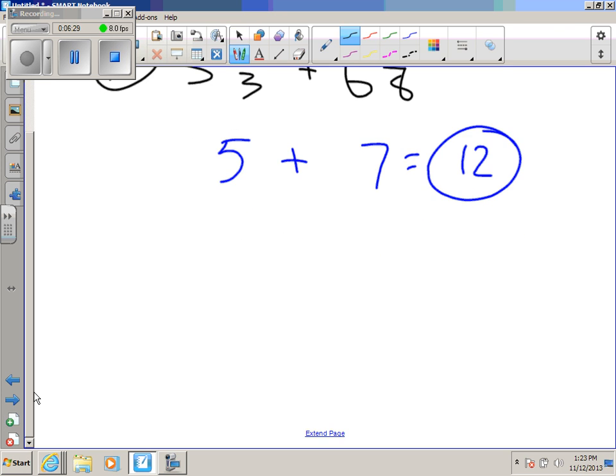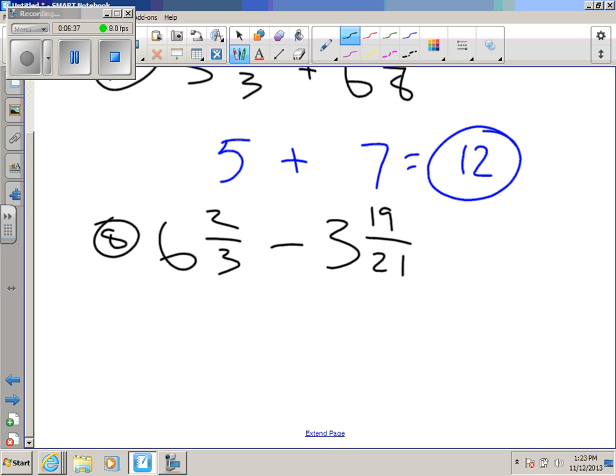And then number 8, 6 2/3 minus 3 19/31. Okay. 6 2/3, it's pretty easy. That would round to what? 7. Right? 2/3 is greater than half. What's half of 3? 1.5. Isn't 2 bigger than 1.5?